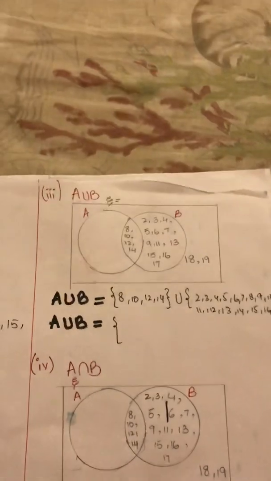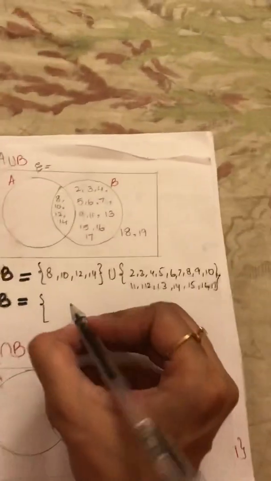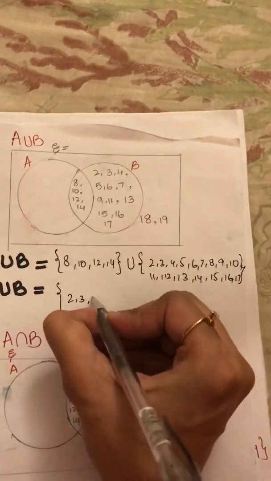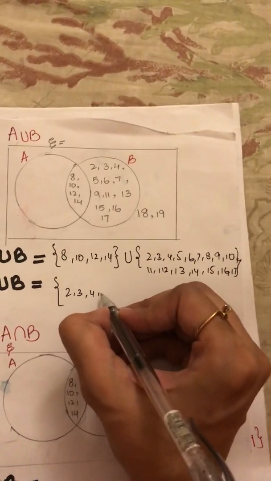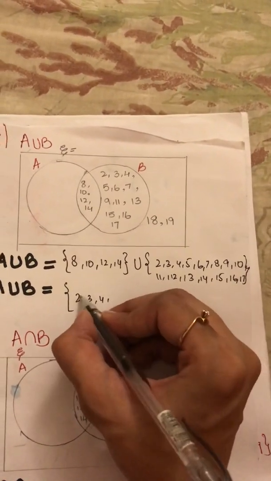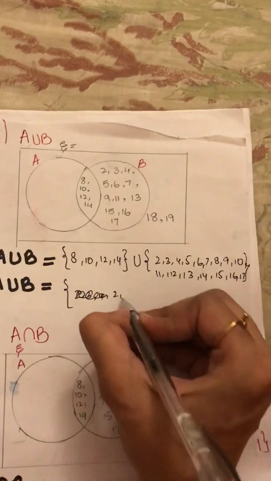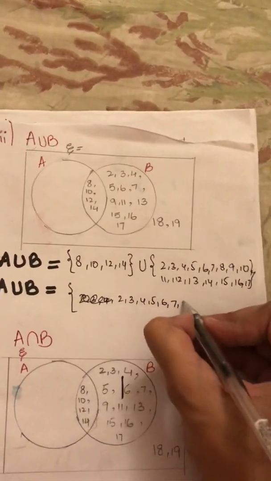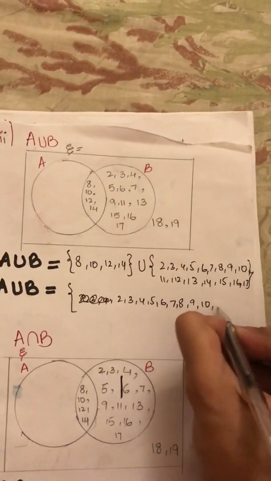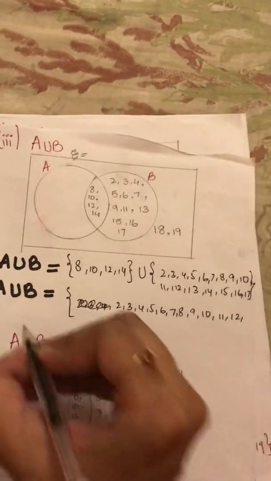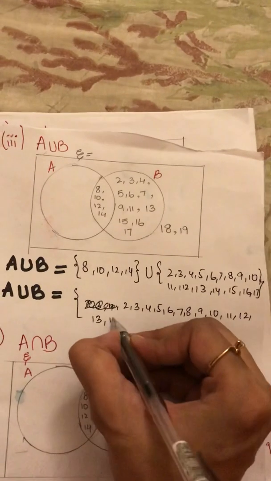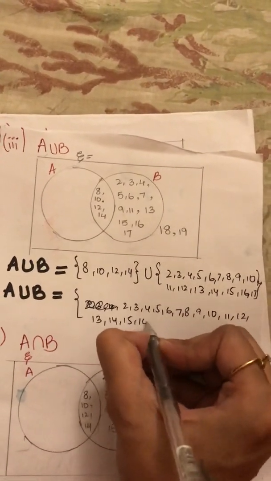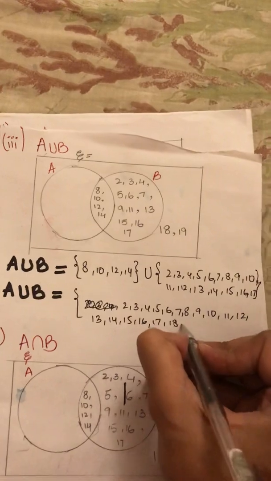So what is A union B? A union B is very easy. That is, of course, 2, 3, 4. Let me first tell you the easy way. 9, 10, 11, 12, 13, 14, 15, 16, 17, 18, 19.